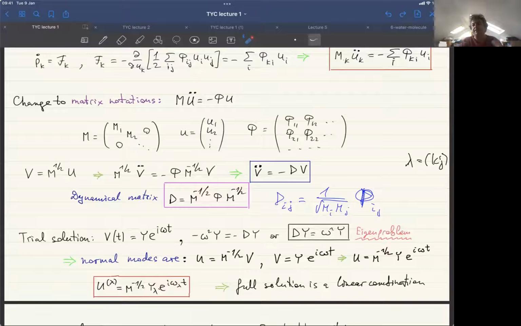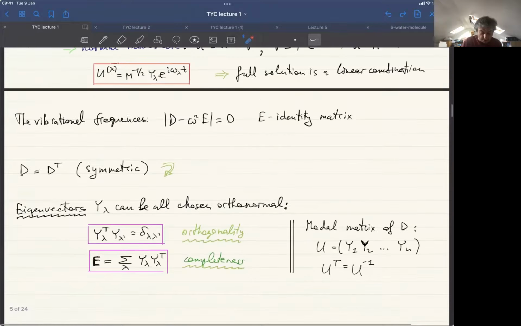Of course, in reality, the full solution would be written as a linear combination of all these normal modes with arbitrary coefficients in front, which are determined by the initial conditions: atomic positions before the oscillation started, and atomic velocities at time equals 0. So this is a classical vibrational problem. This is how it is classically solved.